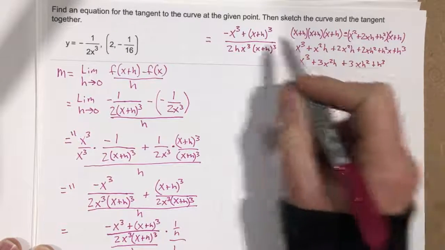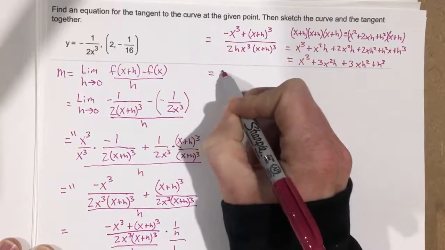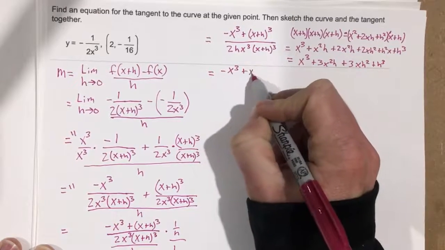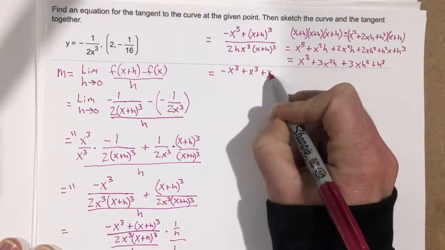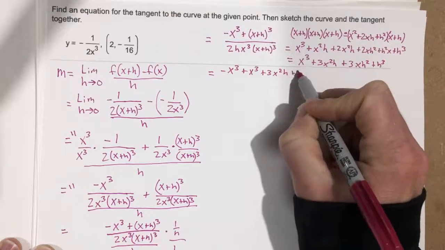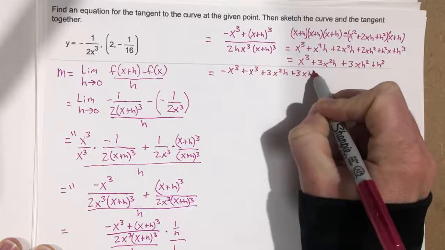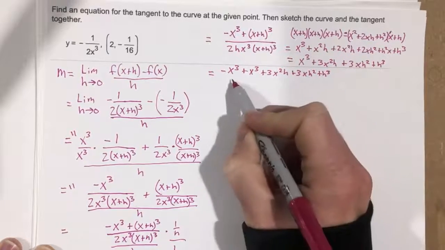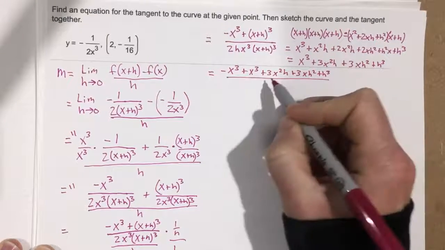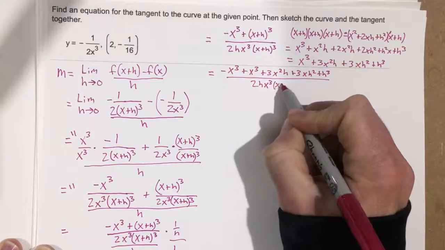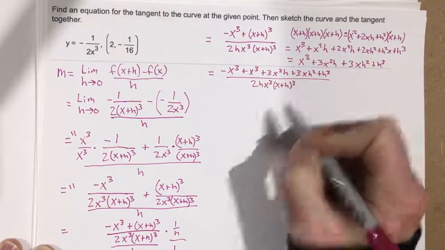We can now put this on top, so that's going to be negative x cubed plus x cubed plus 3x squared h plus 3xh squared plus h cubed, and that's all over 2h x cubed (x plus h) cubed.